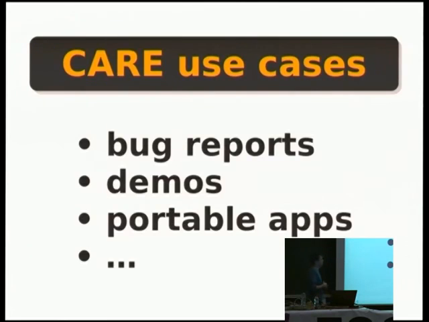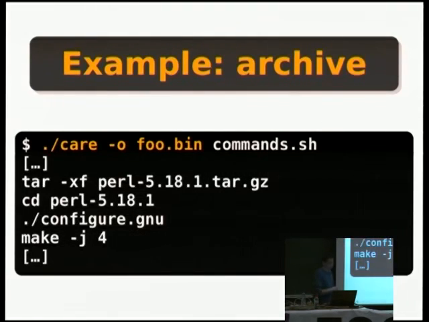This is typically useful to create reproducible bug reports, demos, portable apps. So, a simple example. Let's say I want to report a bug, I can't build. This is just an example. I can't build Perl on my workstation. Obviously, if I try to share the command as is on the bug tracker, I might get a close: cannot reproduce.